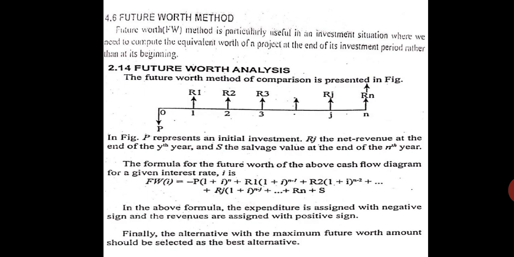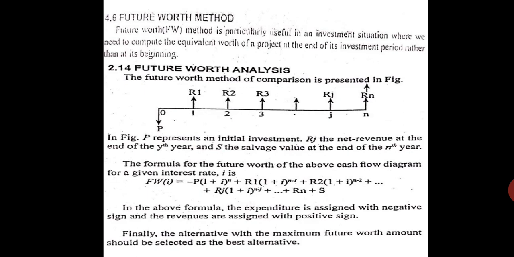So you can see the cash flow diagram here for future worth analysis. P is the initial investment now, Rj is the net revenue at the end of the jth year, and S is the salvage value at the end of the nth year.